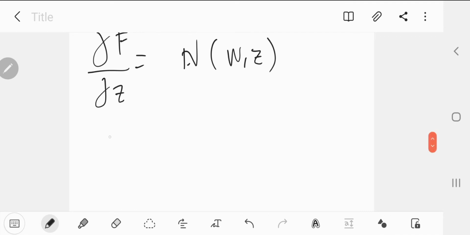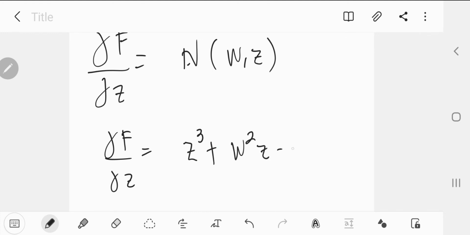Let us solve the partial derivative of f with respect to z, which is equal to n, a function of w and z. So we have the partial derivative of f with respect to z equal to z cubed plus w squared z minus w. And now let us equate it.